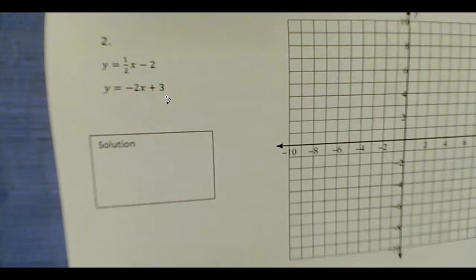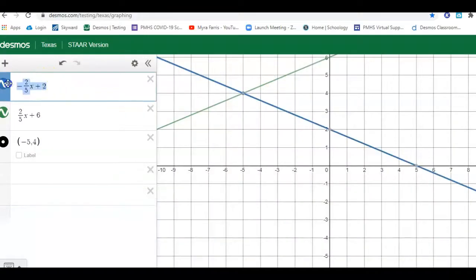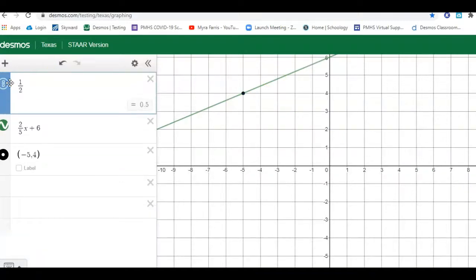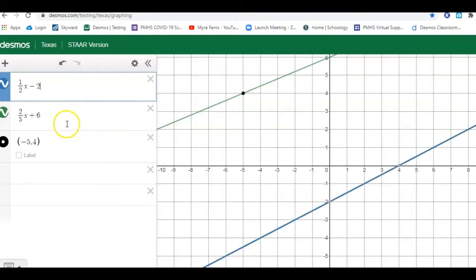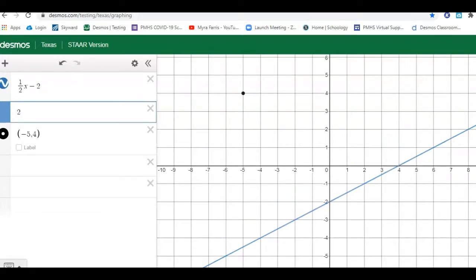It's already in y equals mx plus b form. So we just have to come over here and type 1/2 right arrow x minus 2, negative 2x plus 3.